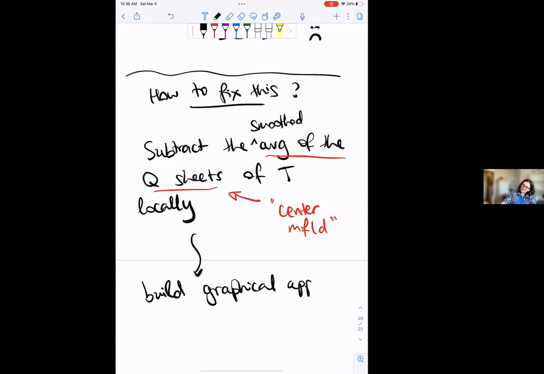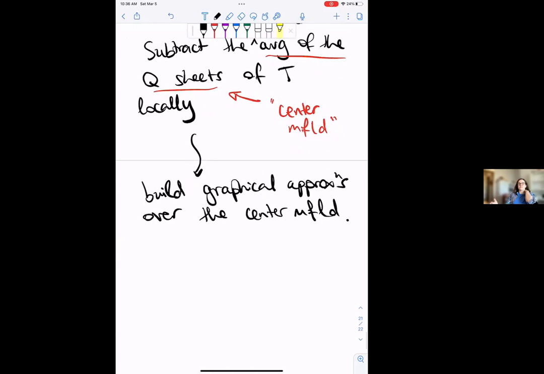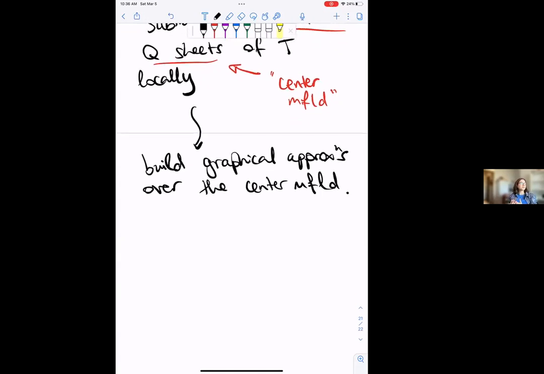Call them approximations over the center manifold. Okay, and we want to have regularity of this smoothed out average, this center manifold. And it turns out that we have regularity because it comes from elliptic estimates, because essentially these graphical approximations we get for our area minimizing surface have nearby harmonic approximations.